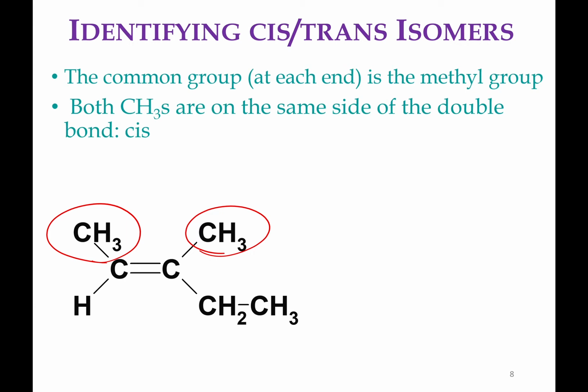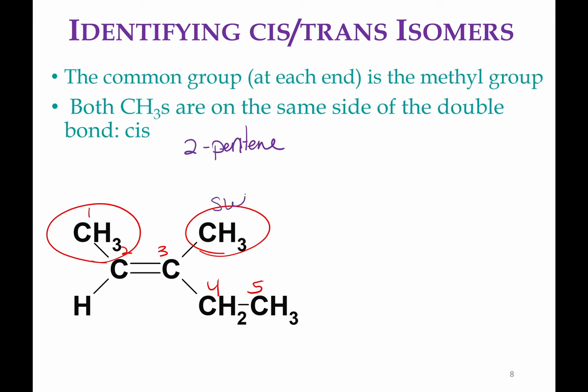So to name this compound, which I'll teach you the rules for in a minute, we're going to find the longest chain, 1, 2, 3, 4, 5. That includes the double bond. The double bond gets the lowest number. So this is going to be 2-pentene. And then we have a methyl group as a substituent.